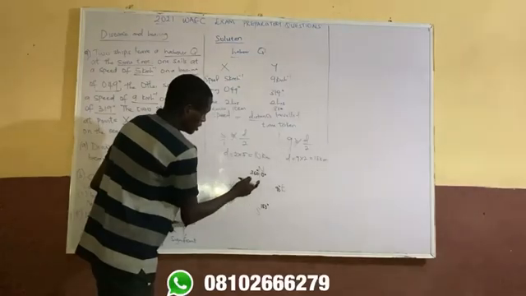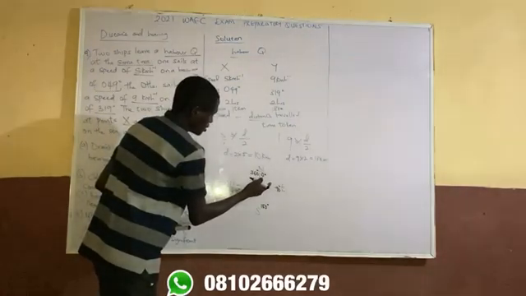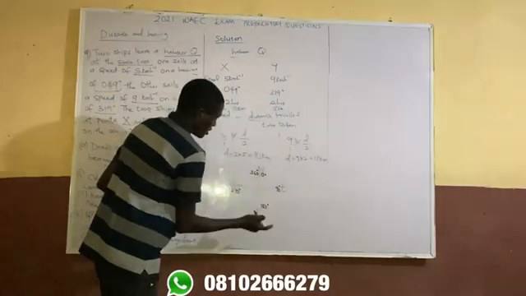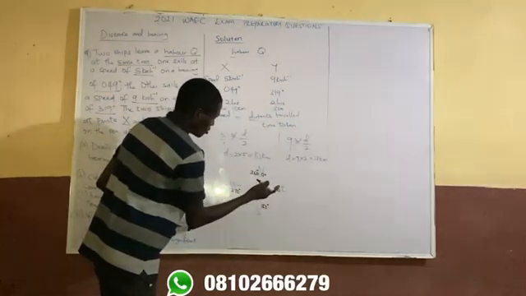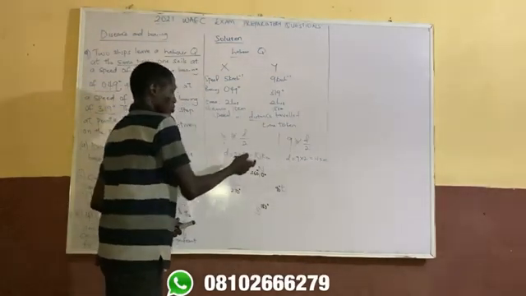Between here and here we have 90 degrees: 1 degree, 2 degrees, up to 90 degrees. Then 91 towards 180 from here, 181 to 270 from here, and 271 towards 360.